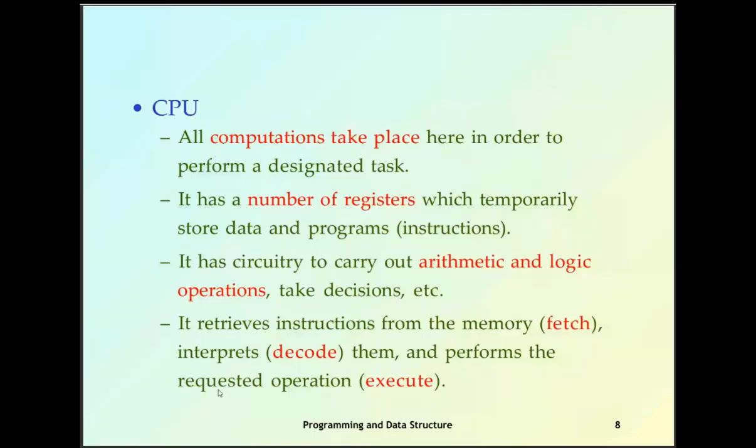Now, during the computation it needs some temporary storage where the computation or intermediate result can be stored. So we'll talk about the memory hierarchy. What are the different types of memory we have in a computer? Starting from the registers, then we have cache memory, then main memory, then secondary storage.